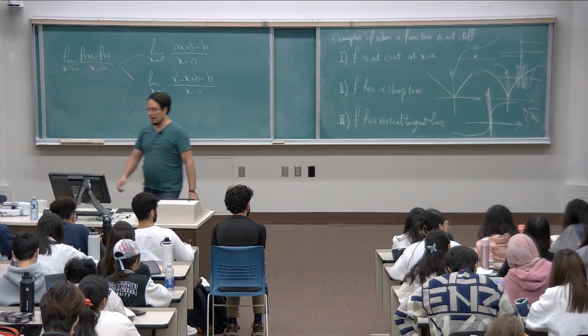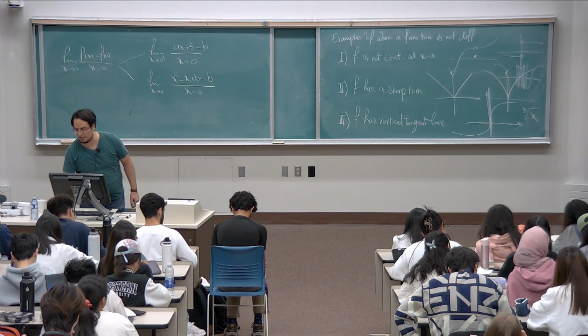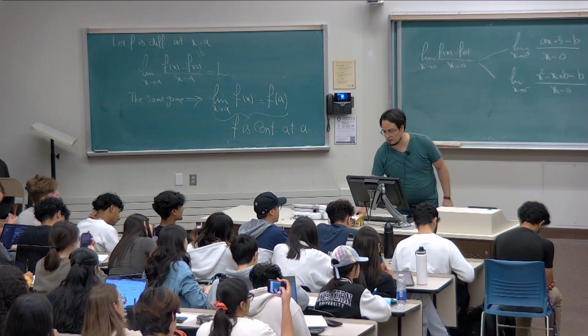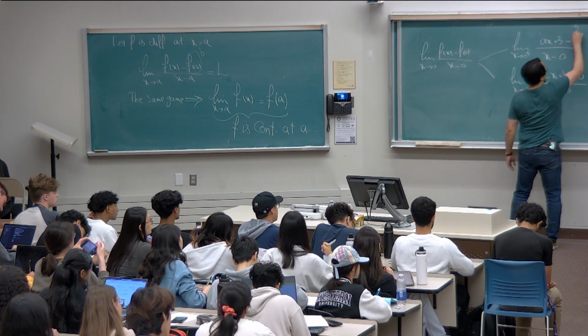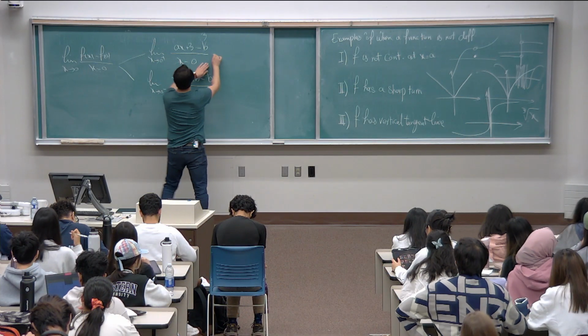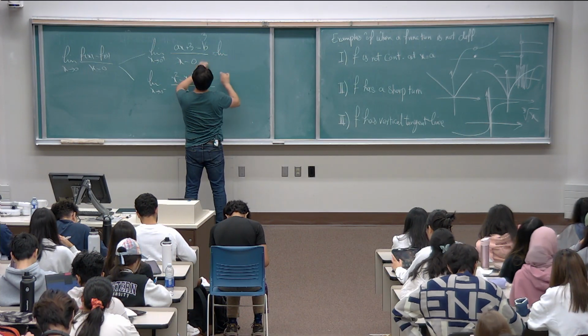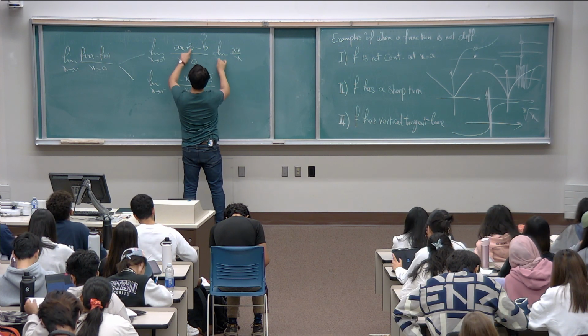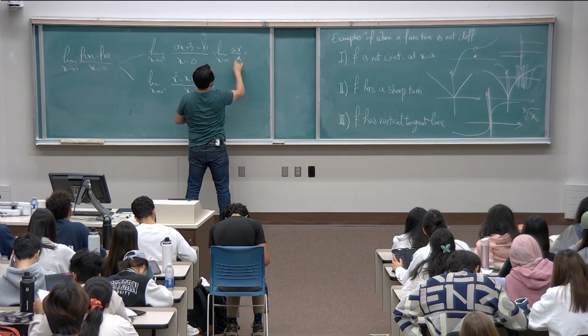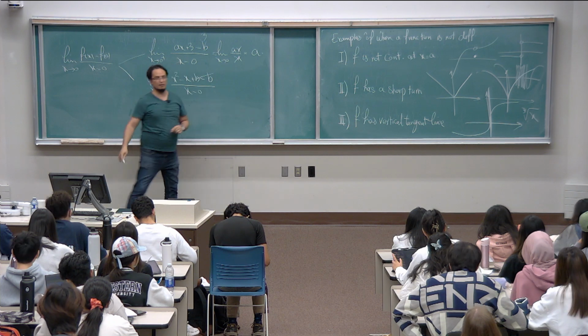Now, I don't need to work with two variables. I already know b is 3. This will go away. So I have the limit of 3 minus 3, they cancel, ax over x. As x goes to 0, these two cancel. That's a.